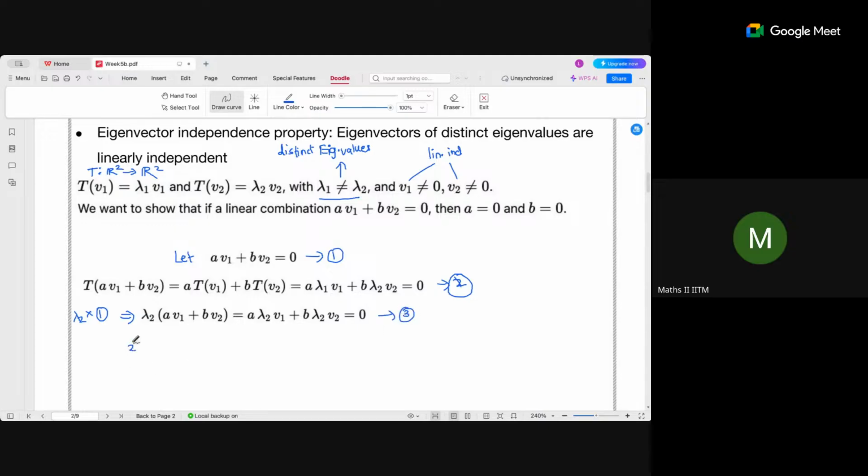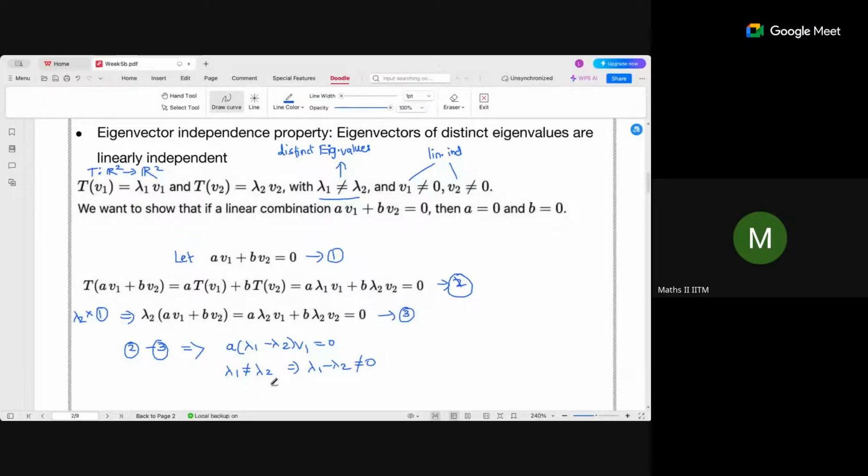Now what do you get if you subtract 2 and 3? What are the common terms? b lambda 2 v2 cancels. What remains is a lambda 1 v1 minus a lambda 2 v1, which is a times (lambda 1 minus lambda 2) v1. We know lambda 1 and lambda 2 are not equal, so lambda 1 minus lambda 2 is non-zero.